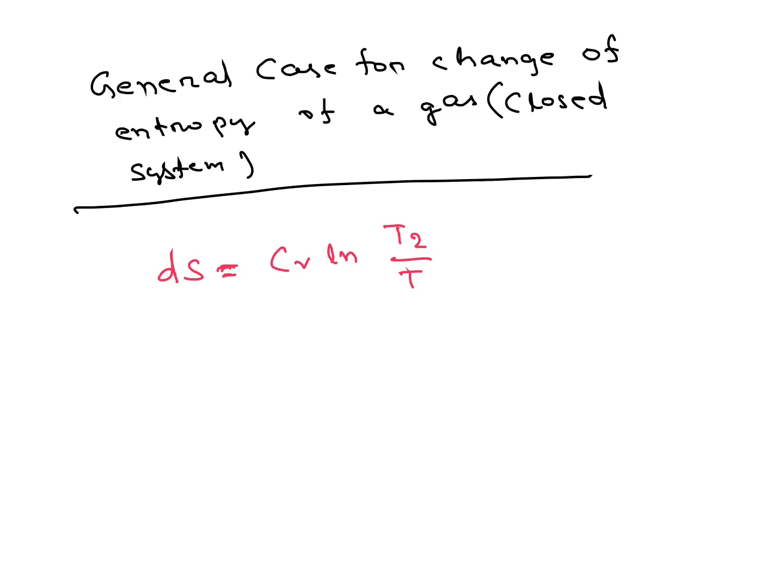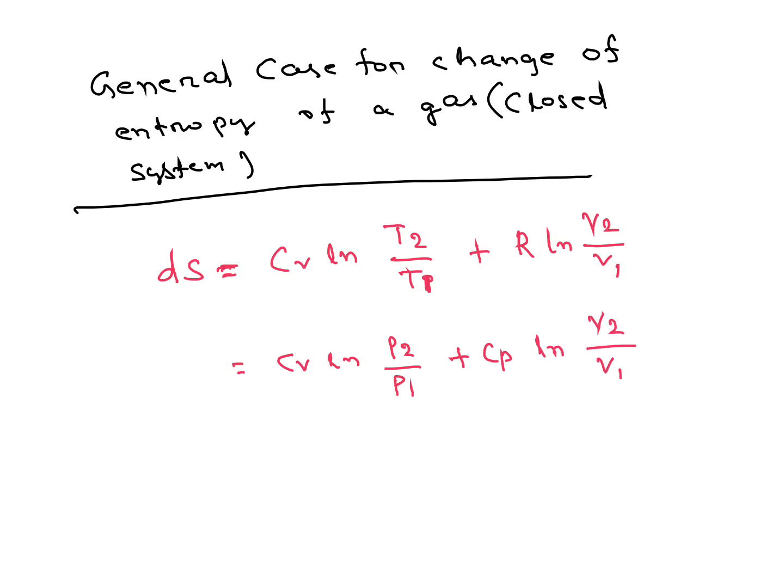Cv ln T2 by T1 plus R ln V2 by V1. Then Cv ln P2 by P1 plus Cp ln V2 by V1.